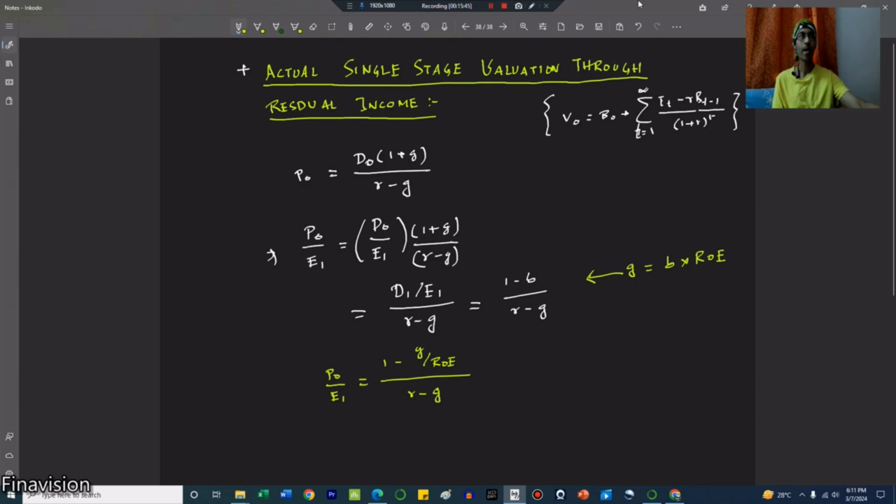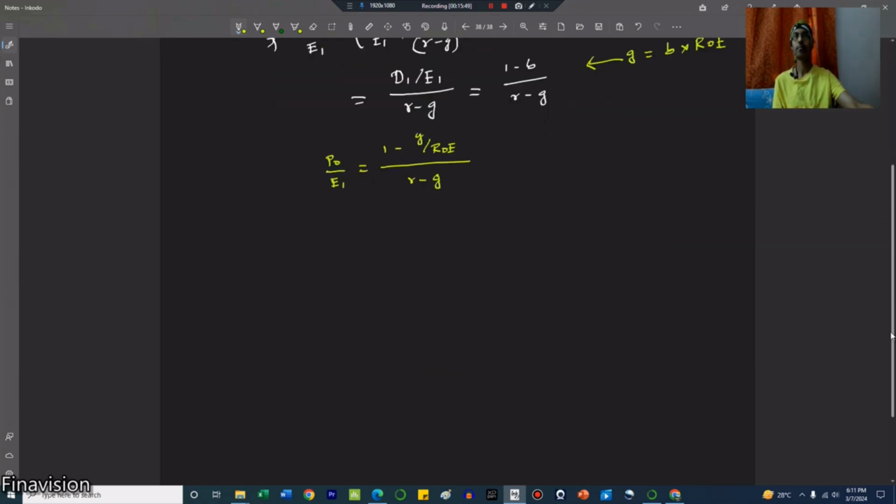Now here we multiply both sides by return on equity. Let's see what happens. We get (ROE minus g) by (r minus g), right?